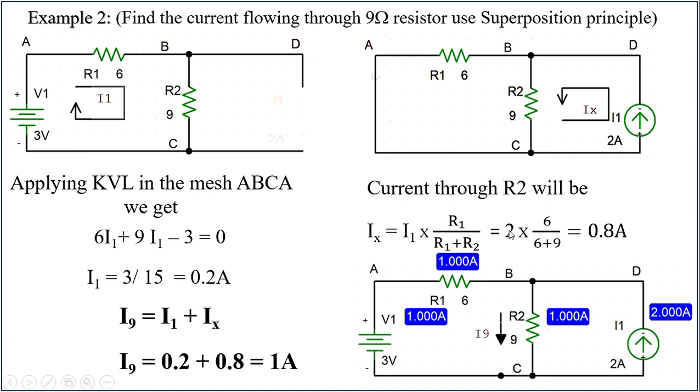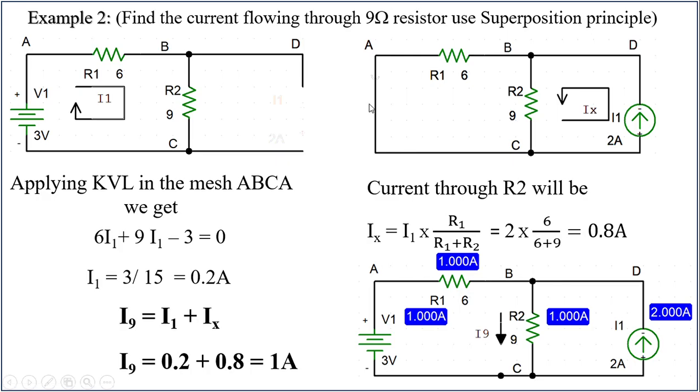So the total current is 2 amperes, R1 value is 6, and R2 is 9, so Ix is 0.8 amperes. The current from B to C through the 9 ohm resistor is 0.8 amperes.